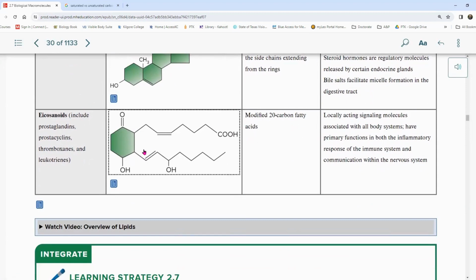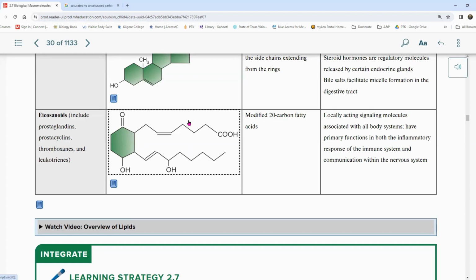Eicosanoids, which are these interesting looking molecules here, have a very vital role when it comes to signaling within our body. Our immune system is very alert to these. Prostaglandins, for example, are classified as eicosanoids. When your body is experiencing pain, it's releasing prostaglandins, and that is what's binding to those receptors and telling your brain that you're in pain.